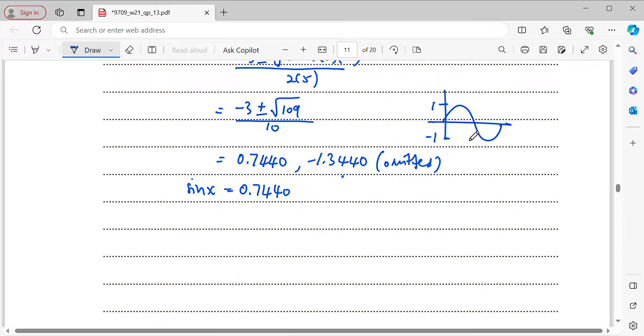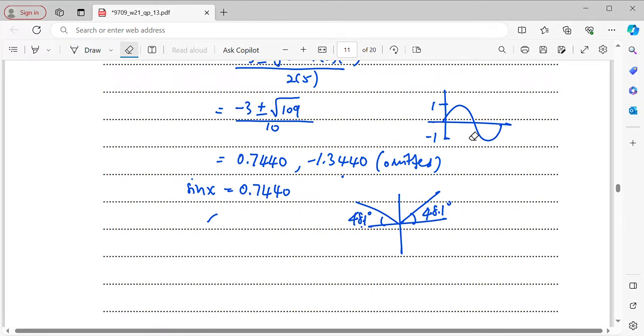So when sine x equals a positive value, it will be in the first two quadrants. So when you use your calculator to get the basic angle, it will be 48.1 degrees. The same goes for the second angle in the second quadrant.